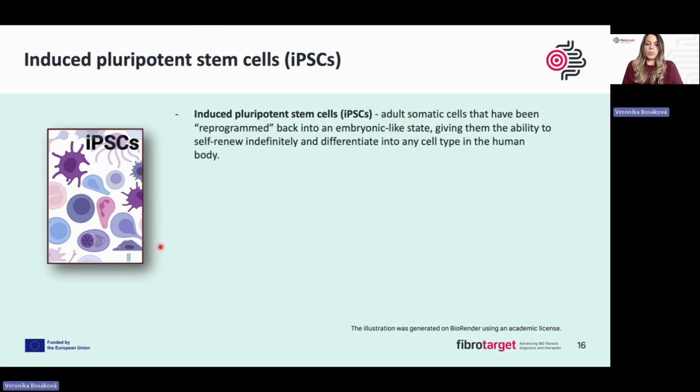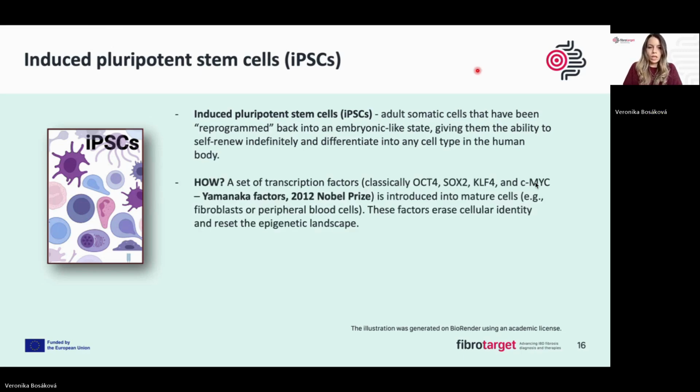So what are induced pluripotent stem cells? These cells are adult somatic cells that have been reprogrammed back into an embryonic-like state, which gives them the ability to self-renew and also to differentiate into any cell type in the human body.